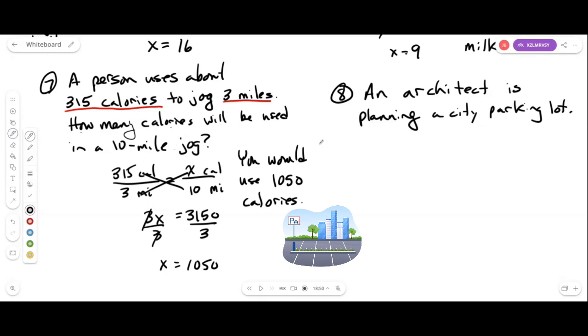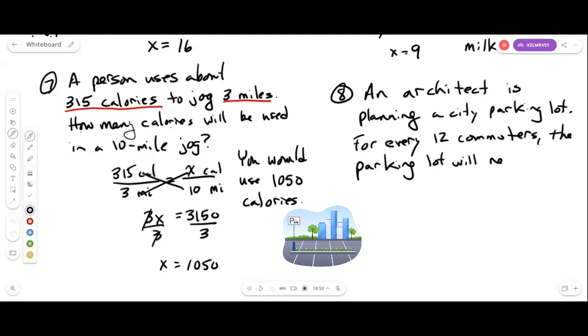For every 12 commuters the parking lot will need 5 parking spaces.